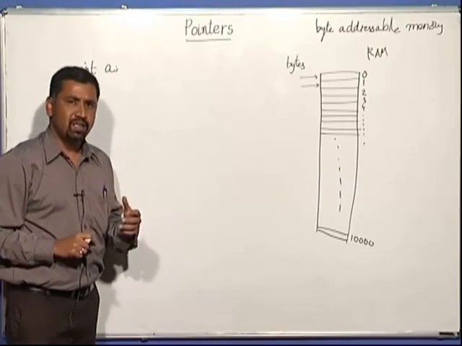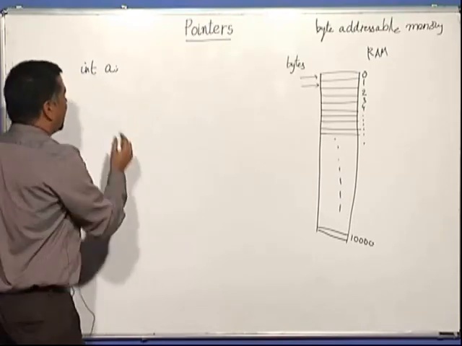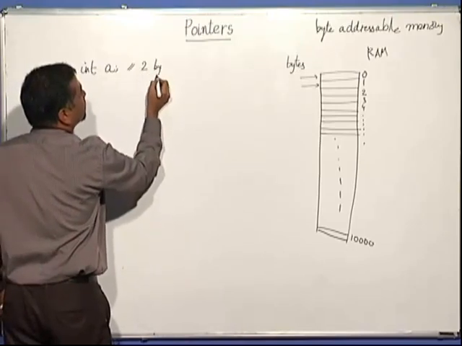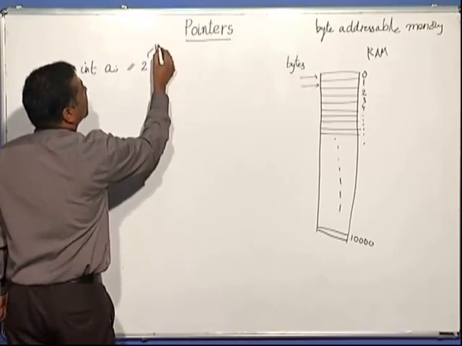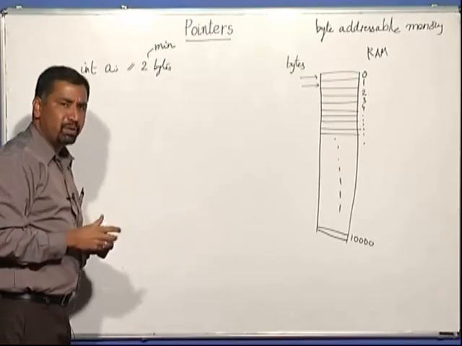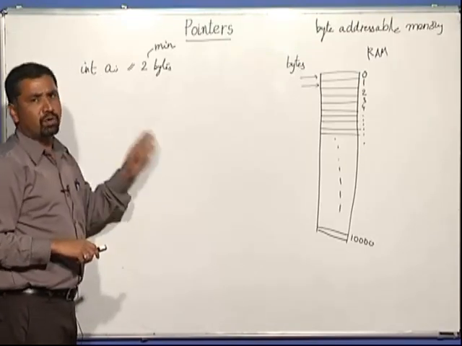So ANSI C specifies that an integer variable has to be given a minimum of 2 bytes. So this is the minimum. Maximum can be 4 or 8 bytes also, but most systems they give 2 or 4 bytes of storage.